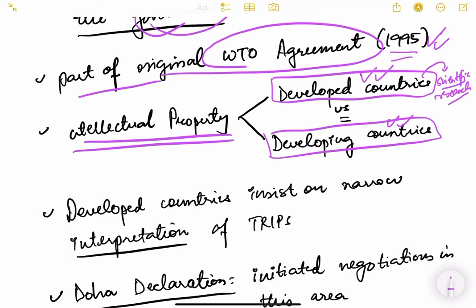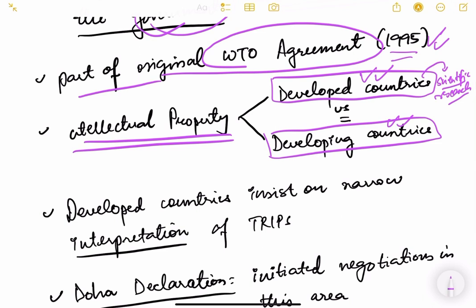So developed countries want their intellectual property to be protected in the developing world also, because once they start trading and selling their products to each other, the developed countries fear that the developing countries will steal their ideas, will misuse their ideas, and maybe make some commercial use of that.